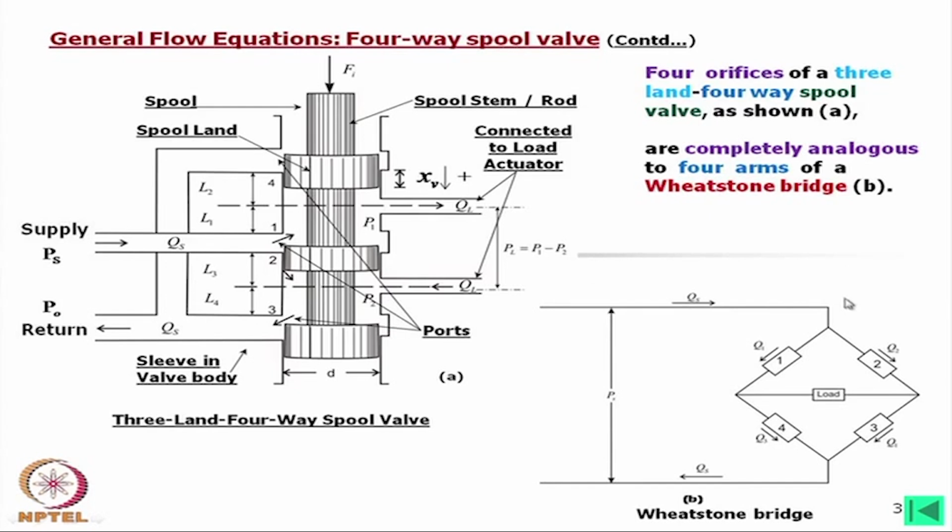Here, Qs is the system flow, and Q1, Q2, Q3, Q4 are the flow through 4 valves.